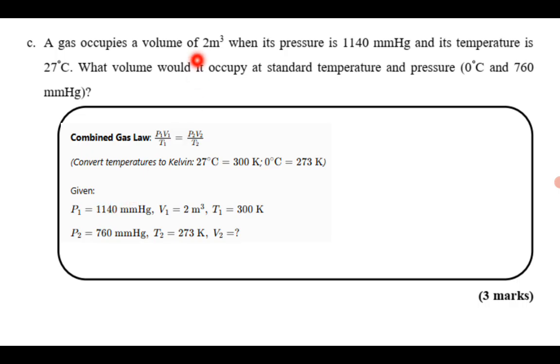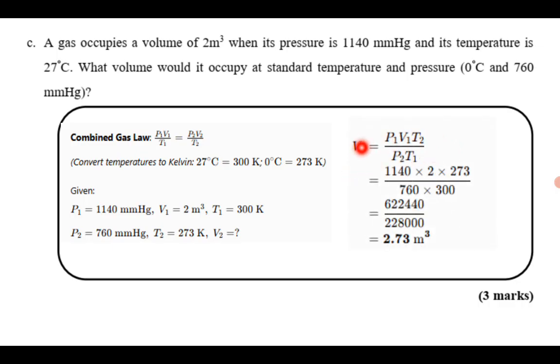Alright, so we are given the initial pressure like that with the volume given like that, and the temperature we just converted to kelvins, and we are given the final pressure as well as the final temperature. So what's the final volume? From this equation, just make V2 the subject of the formula.